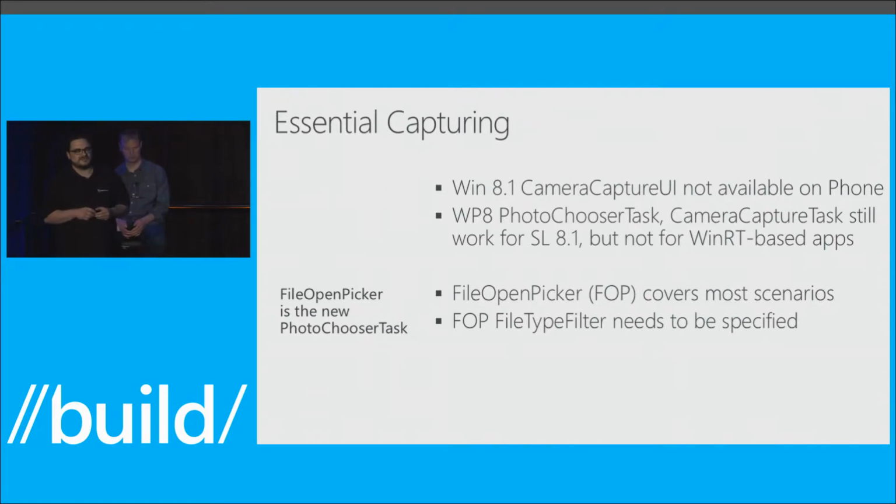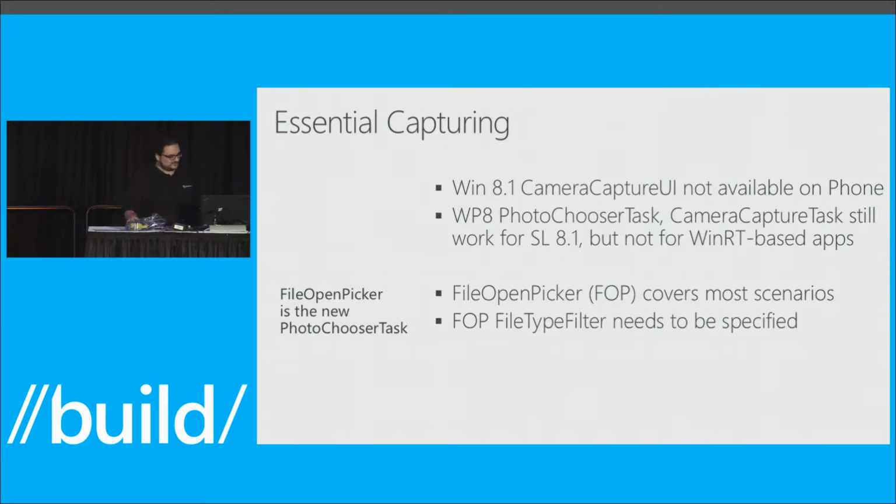You can still use the camera capture task and the photo chooser task, but not for WinRT-based phone apps. But the file open picker actually covers most of the scenarios. So the file open picker allows you to pick any media files, to pick a photo, a video, or actually any document. And it really covers most of the scenarios.